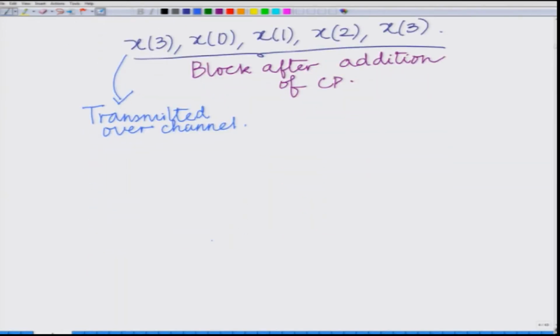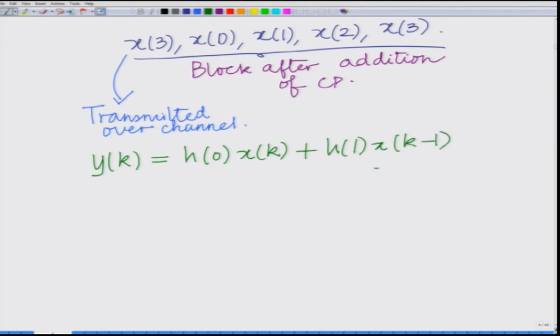Remember our channel is basically the intersymbol interference channel, where yk equals h0 times xk plus h1 times xk minus 1 plus Vk. This is our channel.